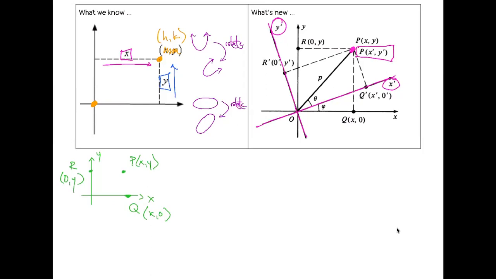And all that means is on this diagonal set of axes, this rotated axes, if I go from the origin out to a certain value on this axis, that is the x prime value of that point.